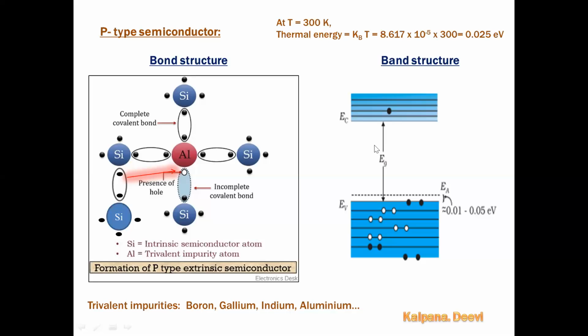Next is extrinsic semiconductor, which is classified into p-type and n-type semiconductors. N-type semiconductors we get by adding pentavalent impurities to a pure semiconductor; in that, electrons are majority charge carriers. In the case of p-type semiconductor, we get this kind of material by doping trivalent impurities to a pure semiconductor. Here, majority charge carriers are holes.